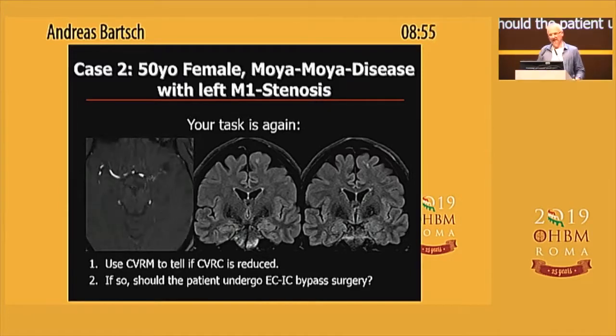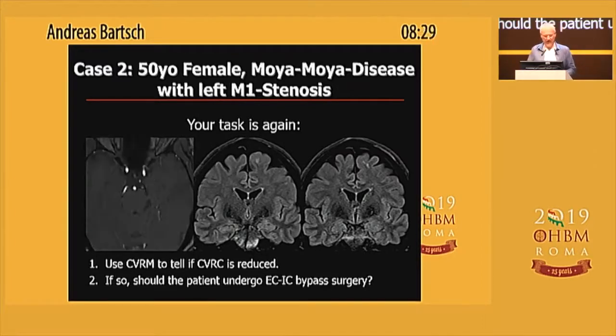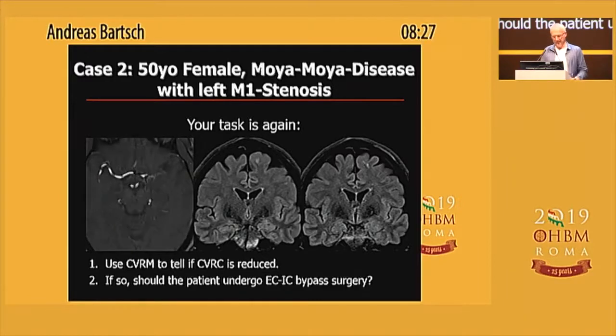And the only thing to know is that you can have stenosis from other reasons, like arteriosclerosis or other vasculitides and things. And what you see here is she has a bit of T2 hyperintensity in the junctional hemodynamic border zone. So you're wondering, is this patient safe, or should she undergo bypass surgery?